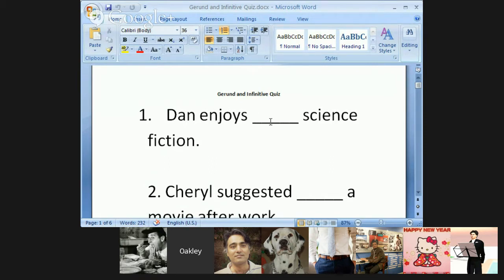Let's simplify this. Dan enjoys science fiction. Watching or reading? Yeah, I guess either one, whether it's a movie or a book. Okay. Dan enjoys reading science fiction. Terrific. Great.